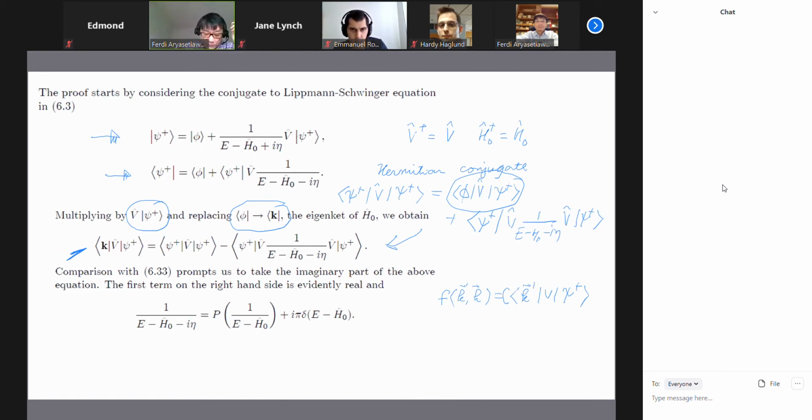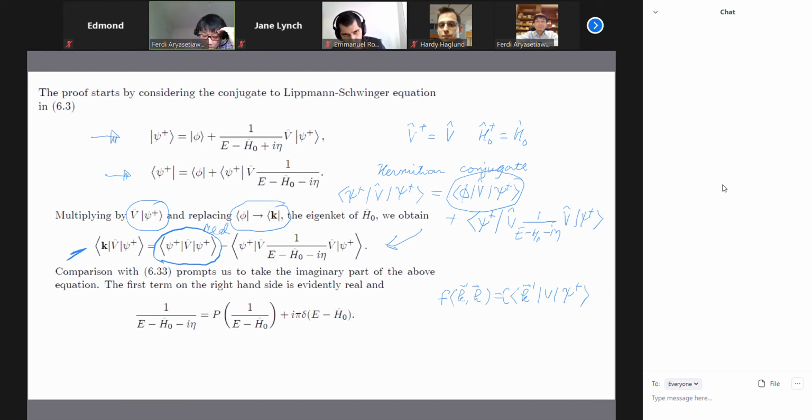So the first term here on the right hand side is real, because V is Hermitian, and we know that the expectation value of a Hermitian operator is real. So this is real. But the second term, which is more interesting, consists of two components.